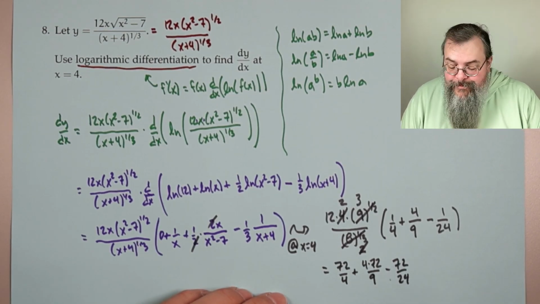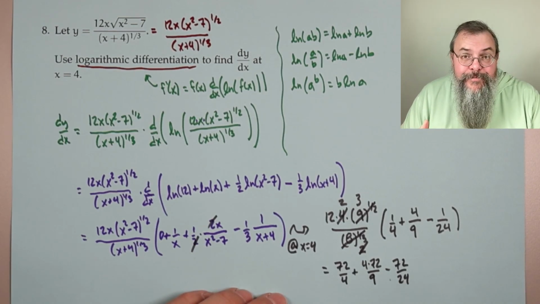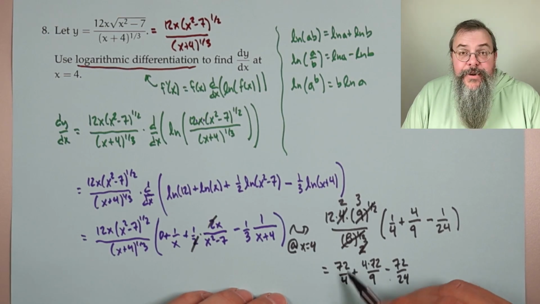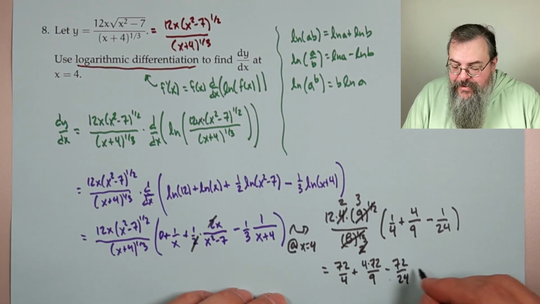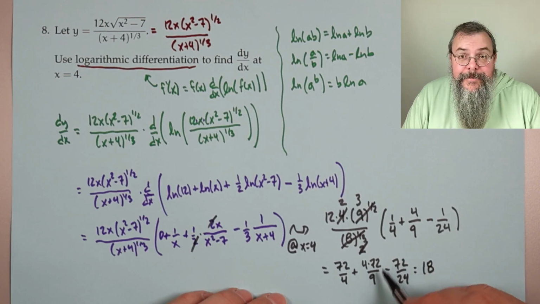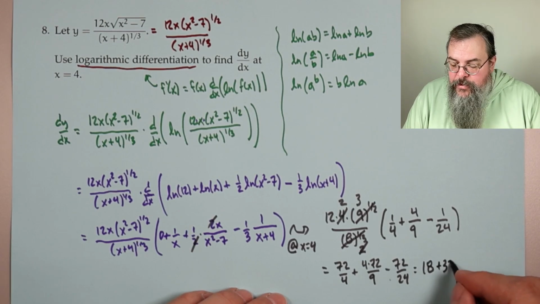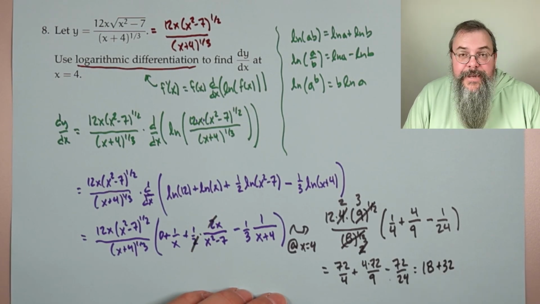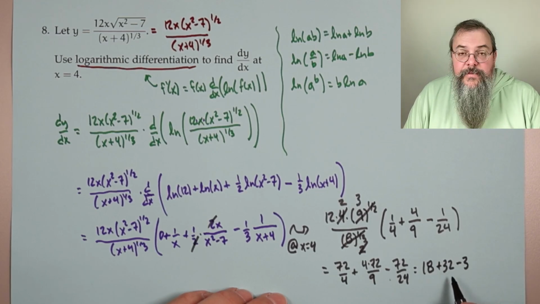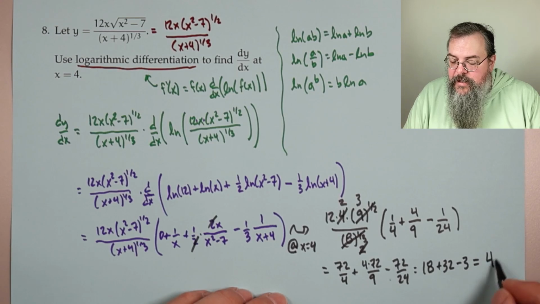Now, if things are nice, and mathematicians are nice, beautiful things should happen. 72 divided by 4 is 18. 72 divided by 9 is 8. 8 times 4 is 32. 72 divided by 24 is 3. 18 plus 32 is 50. 50 subtract 3 is 47.